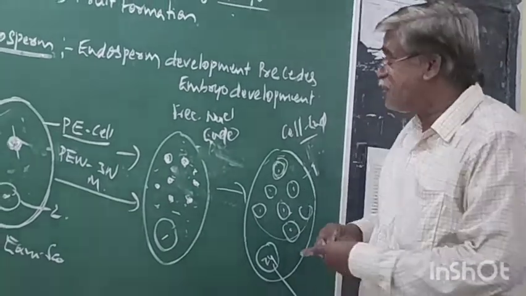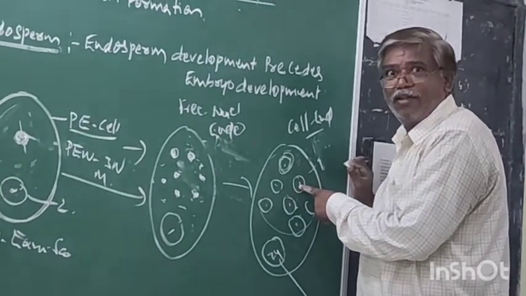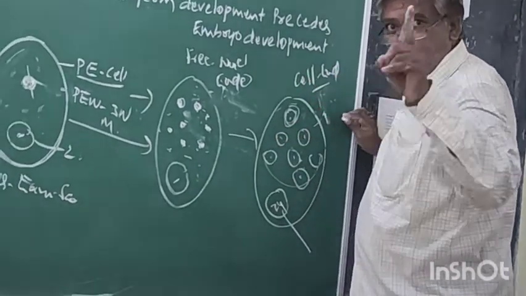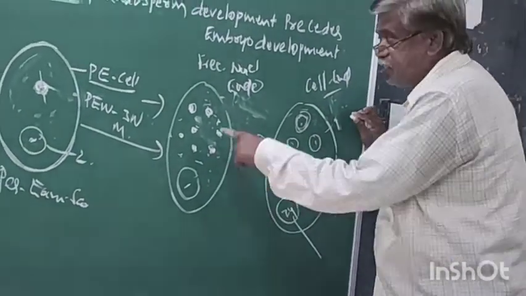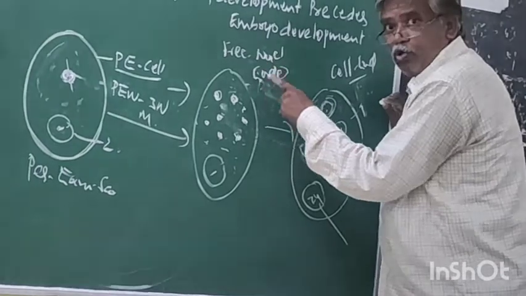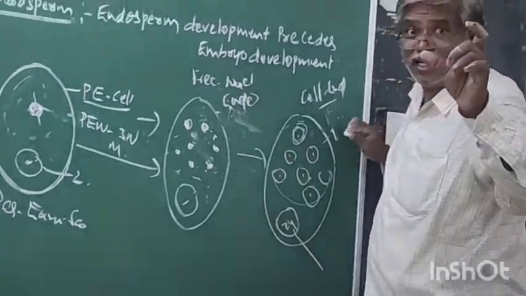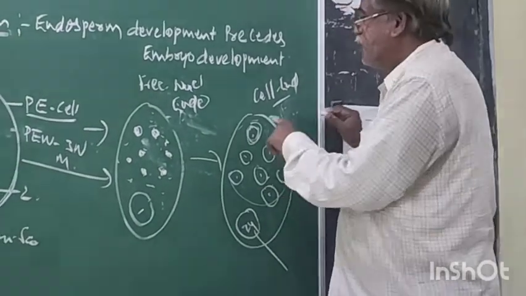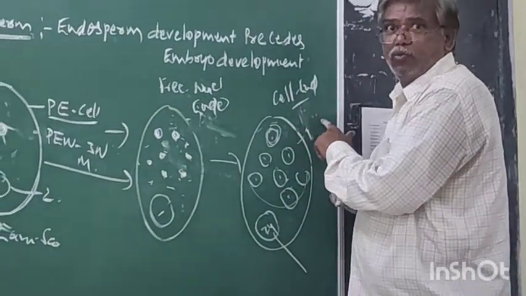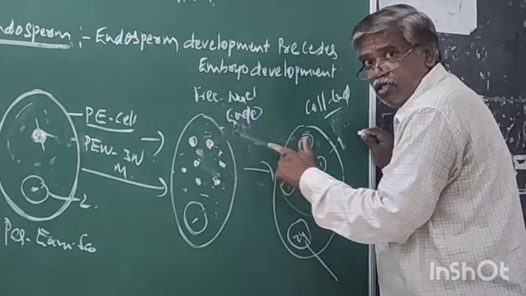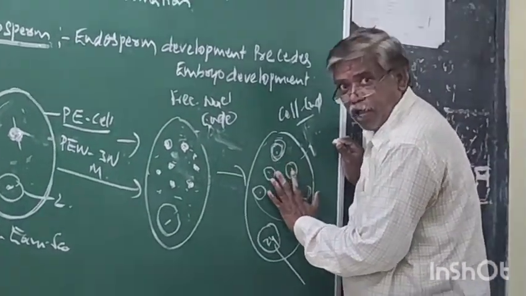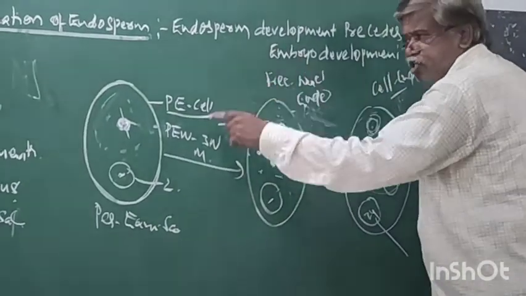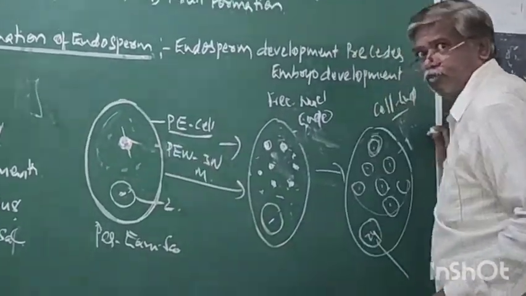This is called cellular endosperm. That means tender coconut water is an example for pre-nuclear endosperm, and the white kernel of coconut is an example for cellular endosperm. Without this stage, that is not possible. It is the final stage and this is the intermediate stage. But all these stages come from only PEN.